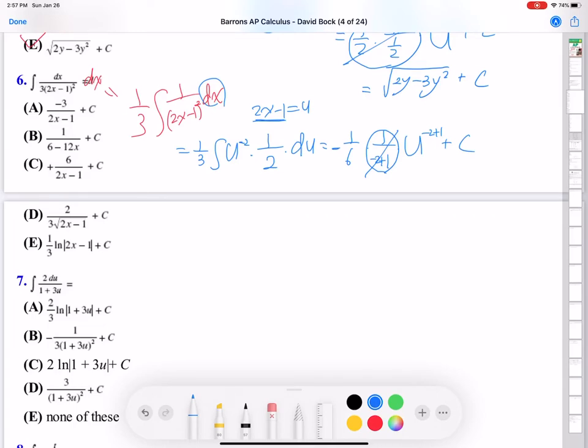So negative 1 over 6 times u to the negative 1 power. That means 1 over u. u was 2x minus 1, plus c. So what is the answer? Negative 1 over 12x plus 6, or 6 minus 12x, right? So B is the answer.